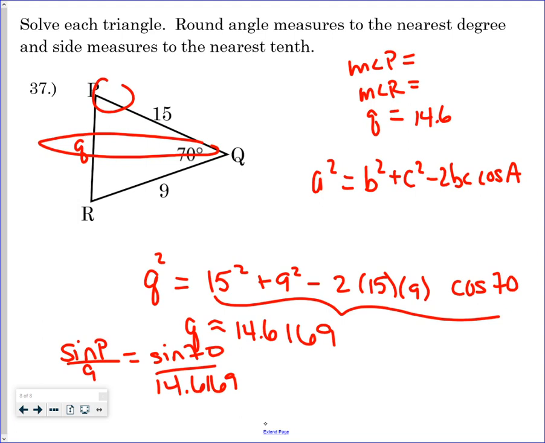Okay. So you're going to take this times this, hit the equals, divided by this, hit the equals. You're not going to hit sine, you're going to hit second sine. Do it again then.